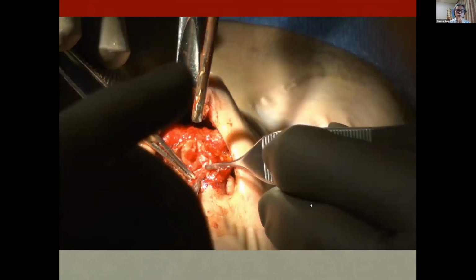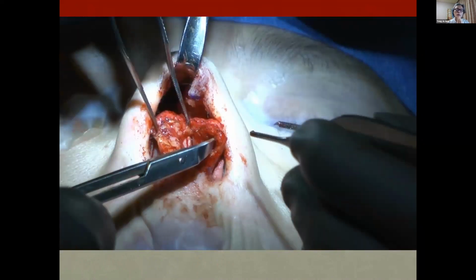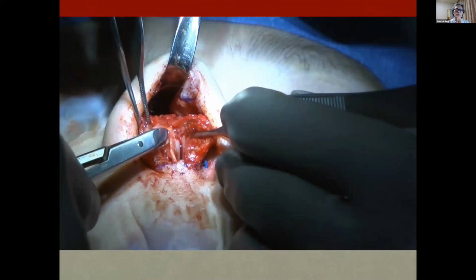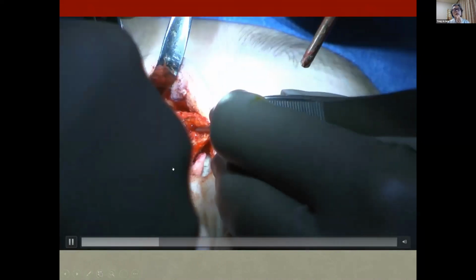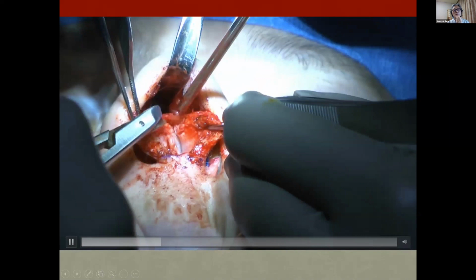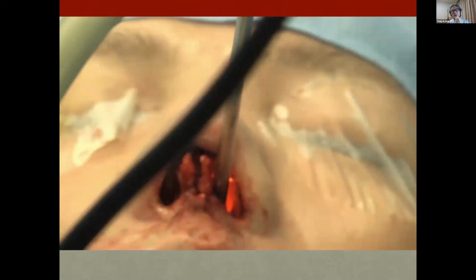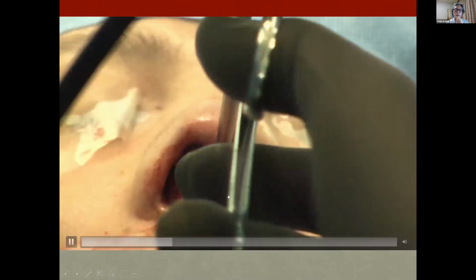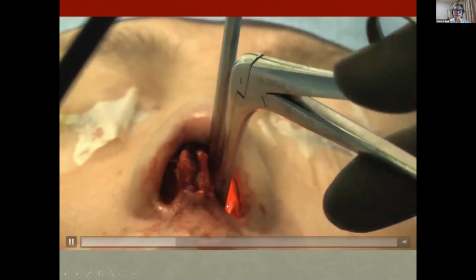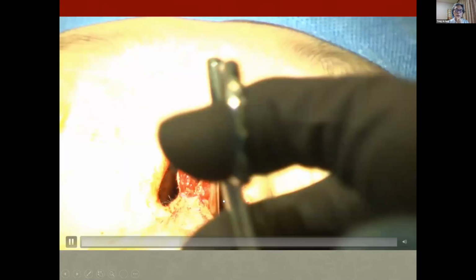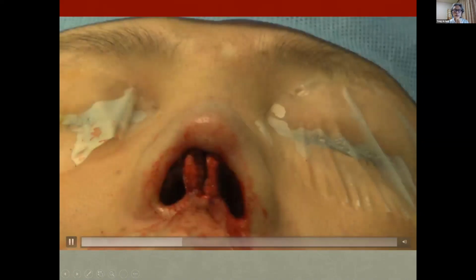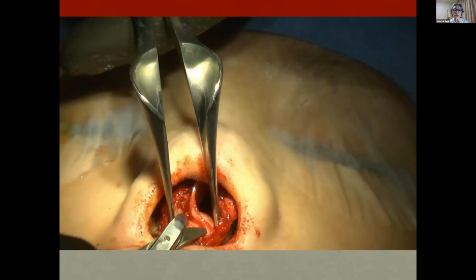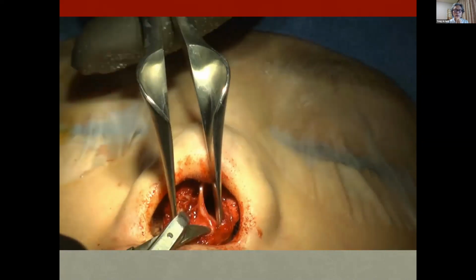During the dissection procedure, I made some injury to the septal mucoperichondrium, so I didn't proceed with the dissection that much. Instead, I removed some of the cartilage through the nasal cavity, as you can see here, because it was almost impossible to completely elevate the mucoperichondrium.